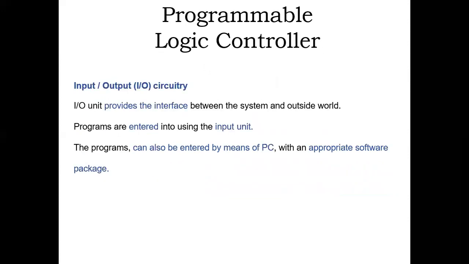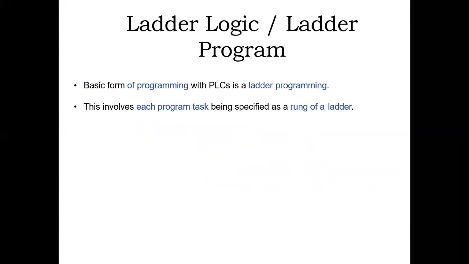Then the input and output circuitry provides the interface between the system and the outside world. Programs are entered using the input unit. The programs can also be entered by means of a PC with an appropriate software package. The basic form of programming with a PLC is ladder programming.